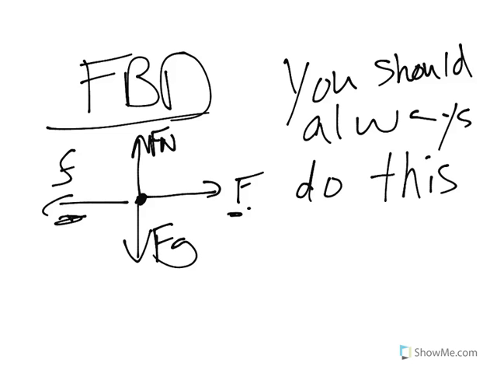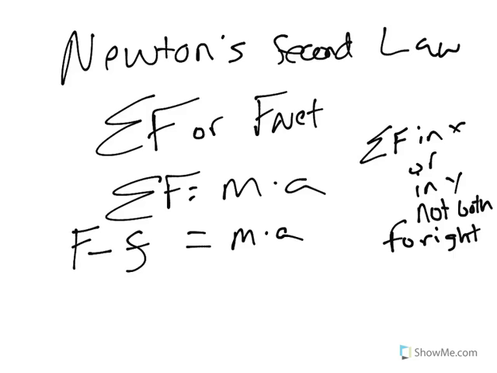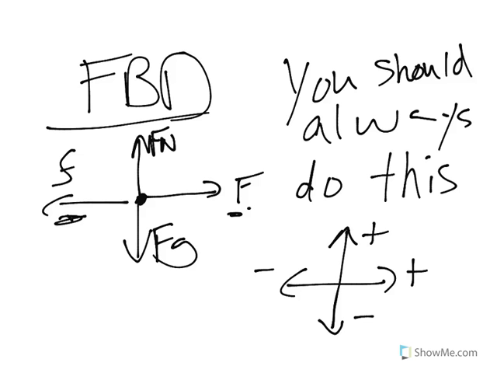Well, because over here, friction is going to the left. And so we generally follow this rule: if it's going up, it's positive; down, it's negative; right, it's positive; left, it's negative. So anything going to the left, you'll plug in as negative. Anything going to the right, you'll plug in as positive.